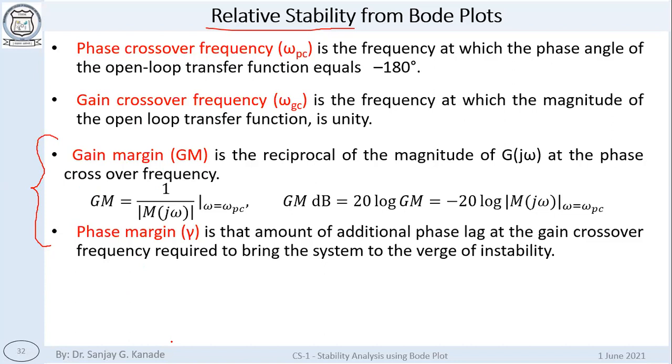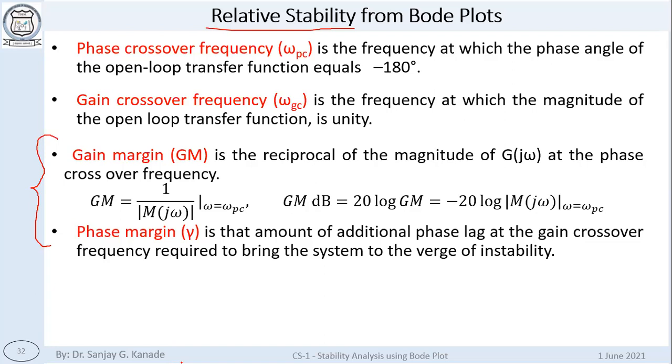If you add a certain amount of phase, the system may become unstable. If you add some amount of gain, the system may become unstable. So both these things are possible, and that is what is called relative stability. If gain is K1, the system is more stable than gain equal to K2, like this.